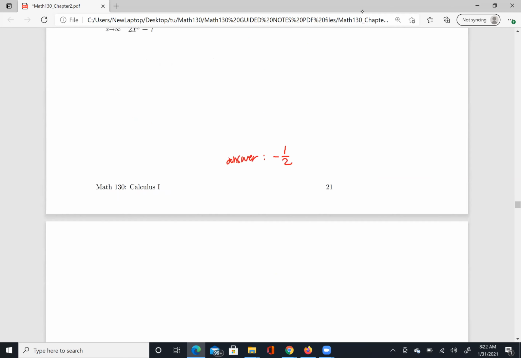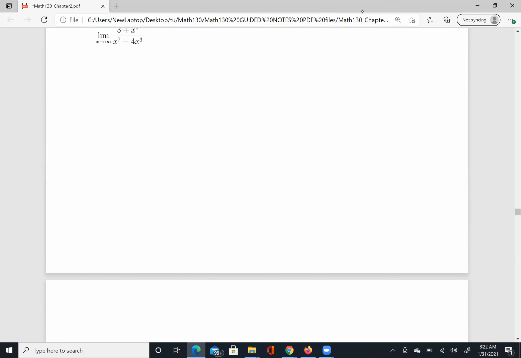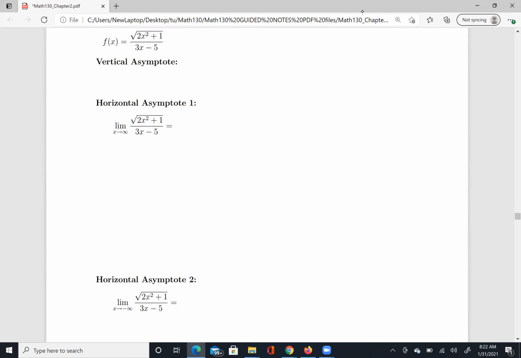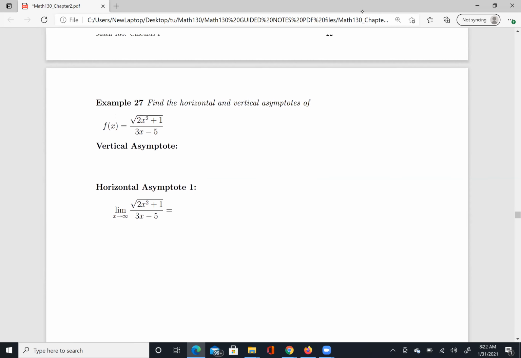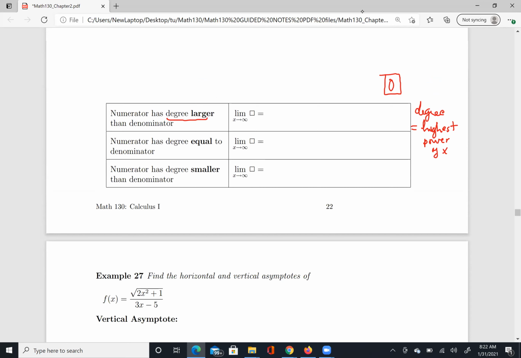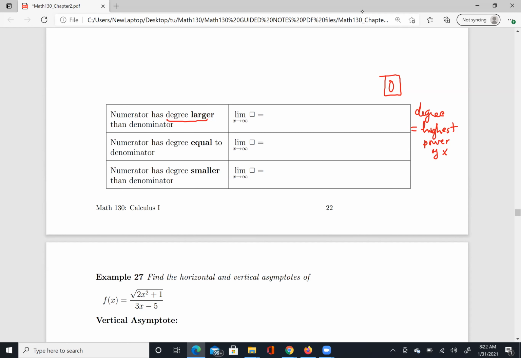Now let me move down to the notes over here, right? If the numerator has degree larger than the denominator, there's a rule you can keep in mind that the limit as x goes to infinity will give you the value positive infinity or negative infinity.